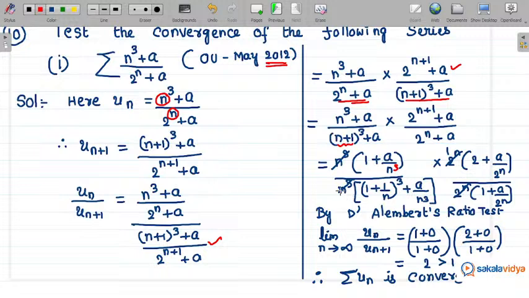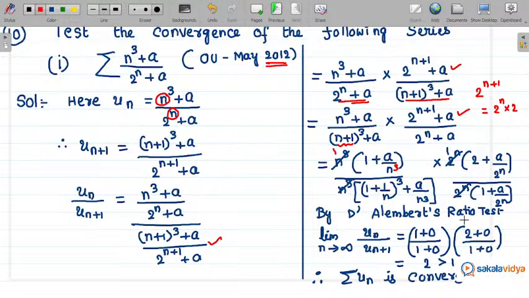So you will be getting n cube common, 1 plus 1 by n whole cube plus a by n cube, into, similarly from this 2 to the power of n plus 1 we can write 2 to the power of n into 2, right? If you take 2 to the power of n common, we have 2 plus a by 2 power n divided by, from 2 to the power of n plus a, let us take 2 power n common, we get 1 plus a by 2 power n. 2 power n got cancelled, n cube got cancelled.